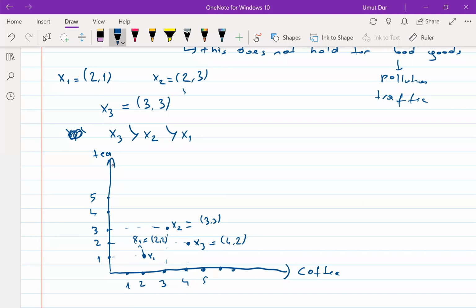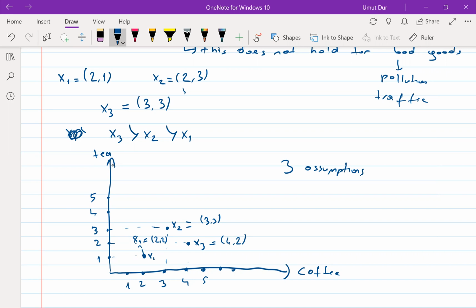So all those three assumptions can help us to understand the relation between those three options.